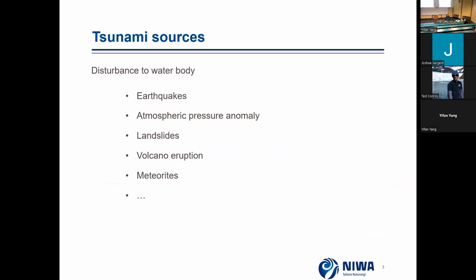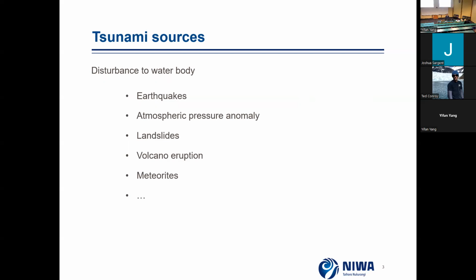The most common one is the earthquake, and also atmospheric pressure anomaly can cause a tsunami, which is called a meteo tsunami, and landslides, both on the water landslide or landslide over land, can cause tsunamis in lakes or the deep ocean.